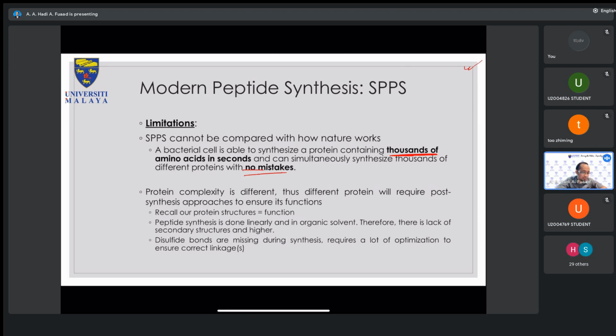So protein complexes are different. Different proteins will require a post-synthesis approach to ensure they function. Proteins are very complex, and different complexity requires what we call a post-synthesis approach.